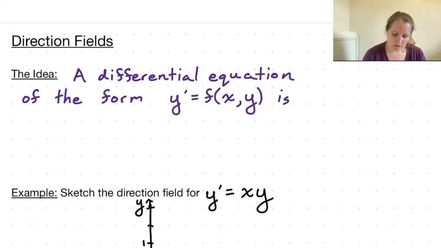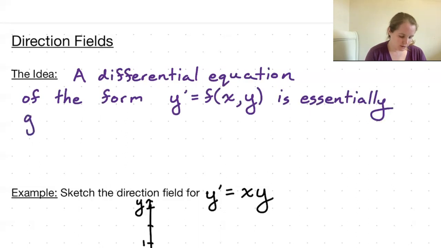Right? So this is essentially giving us the formula for slope.